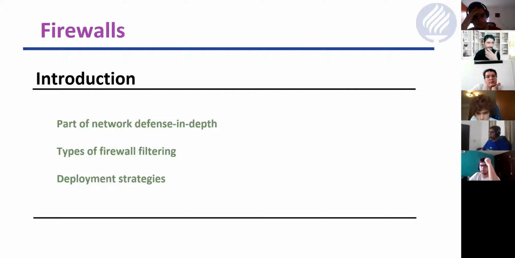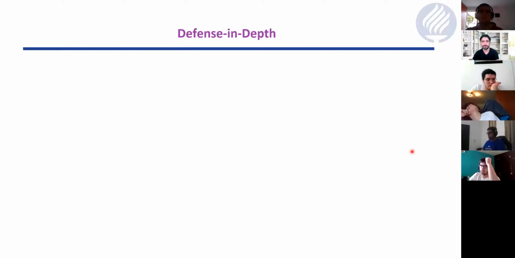Defense in depth basically, I'm confused with Spanish, it means adding different layers or several layers of protection, not just doing one thing, okay? So we're going to talk about firewall filtering and some deployment strategies.